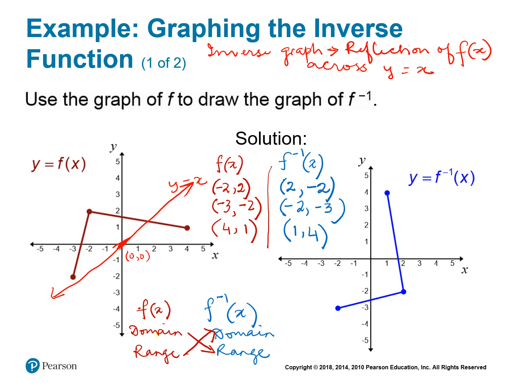So let's see if that's what's happening. Let's look at 2, -2. So 2, -2 is here, right? So this point here is 2, -2.